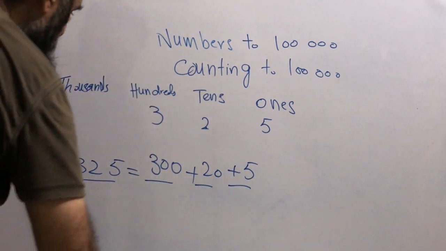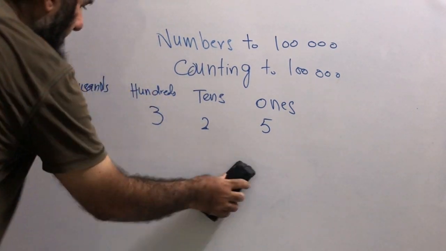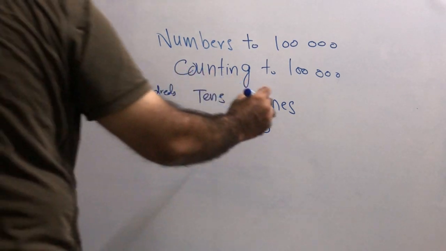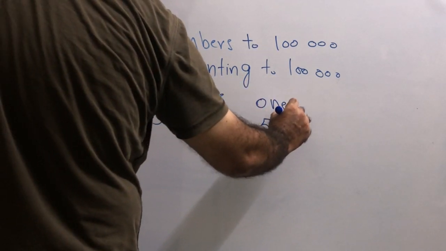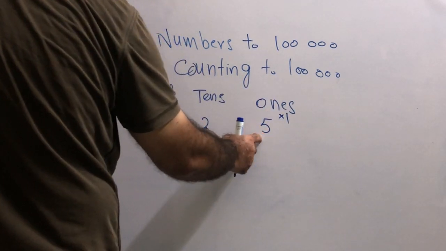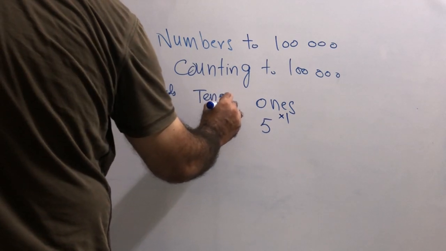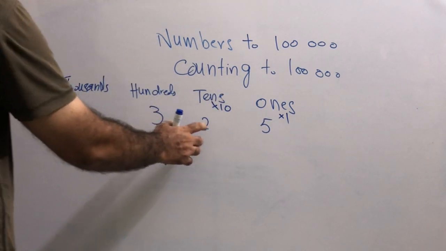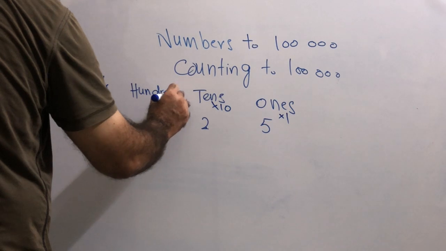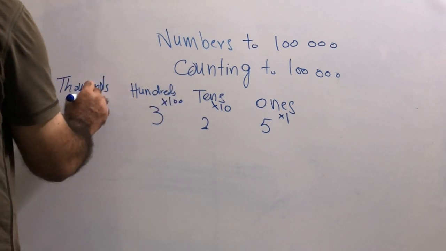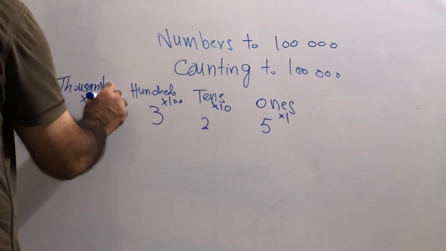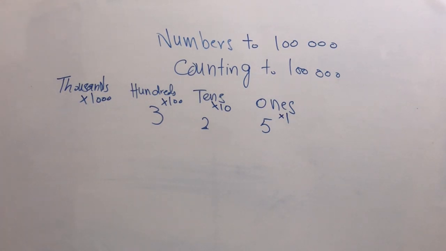Keep in mind that we multiply whatever digit is in the ones place by 1, in the tens place by 10, in the hundreds place by 100, and in the thousands place by 1000. Why do we multiply?